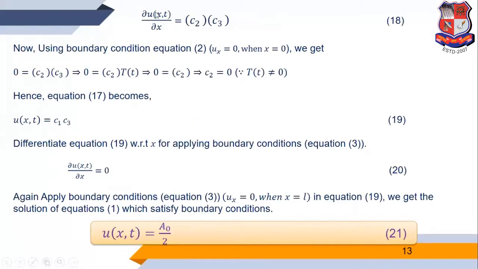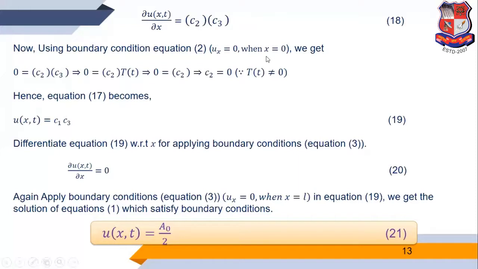So del u by del x is c2 into c3. So in this equation, ux is 0.